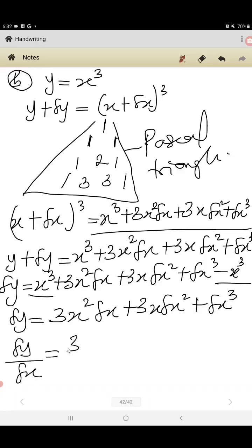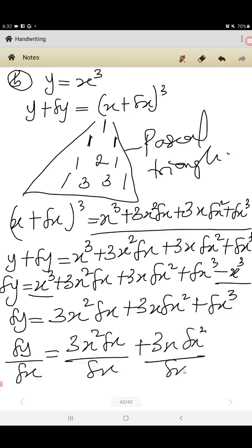So what you need is dy over dx. So to have 3x squared dx over dx plus 3x dx squared all over dx plus dx cubed over dx. So this will cancel this. This will also cancel, it will remain 1. This will cancel this, it will remain 2.